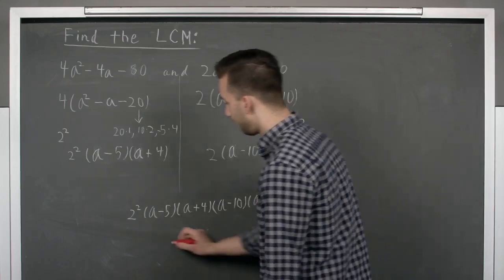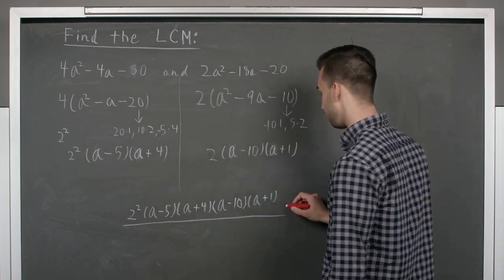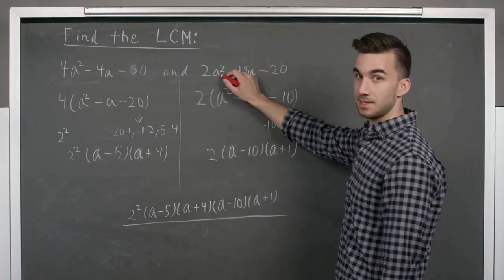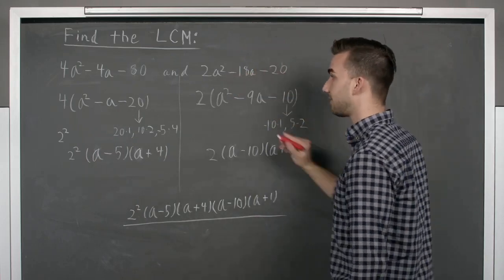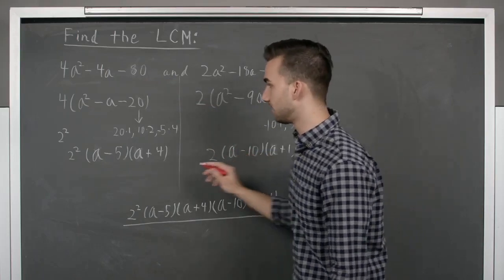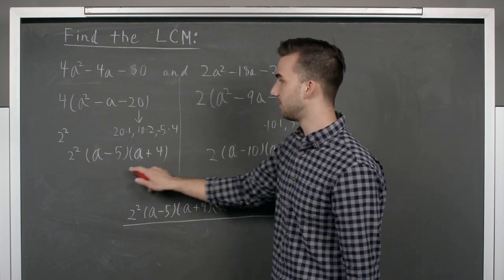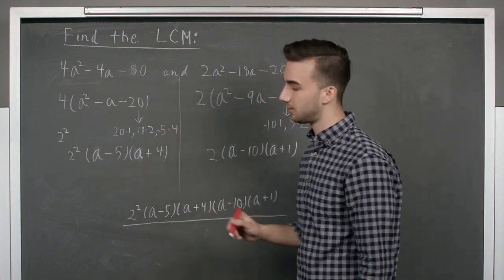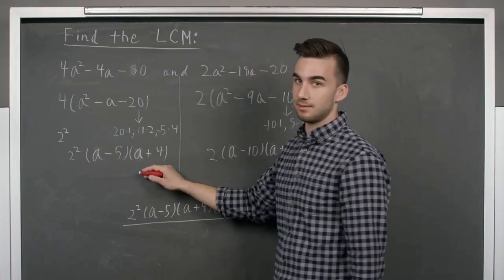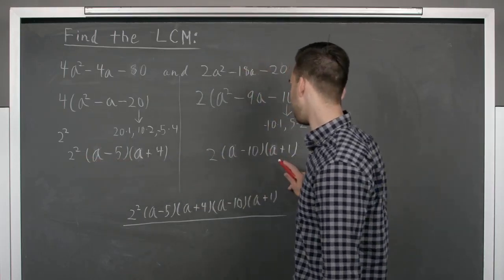Now, this here is our least common multiple for this example. Remember, if it's expressions, just focus on factoring them first. And then once you have them all the way factored into prime numbers and you've factored the remaining expressions as much as possible, finding the least common multiple just becomes taking the highest exponent of each unique factor.